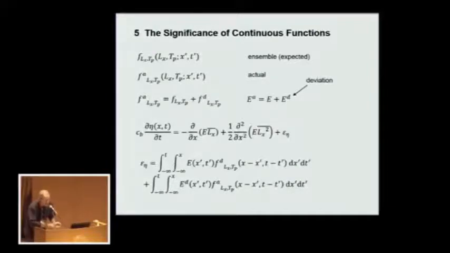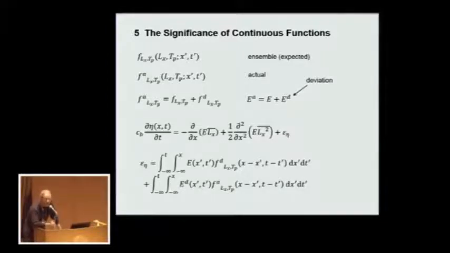And finally, let me say something about the use of continuous functions. Remember, these are now ensemble or expected distributions. That is the distribution of travel distance and hop distance, travel distance and travel time. At any given instant in a real realization, that is not what is happening.